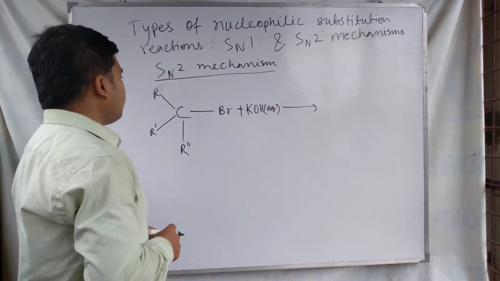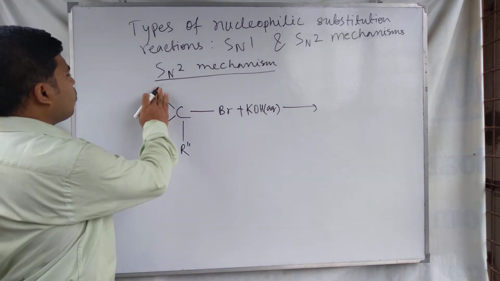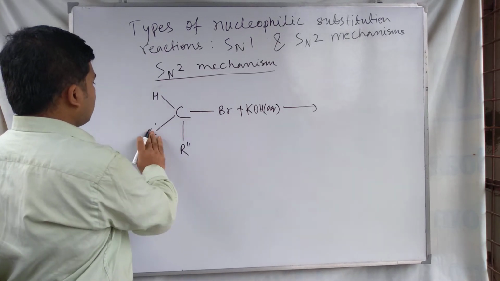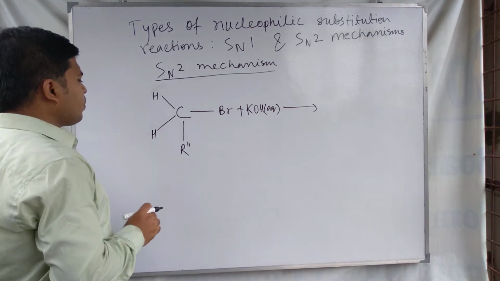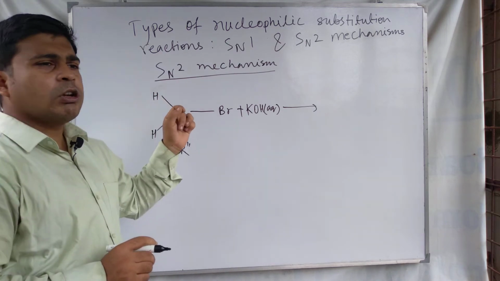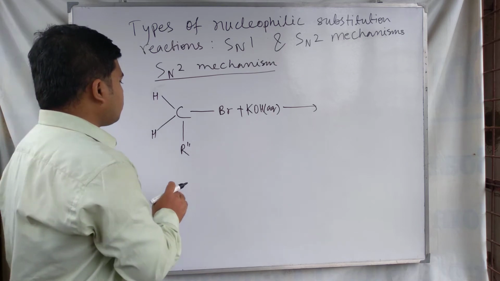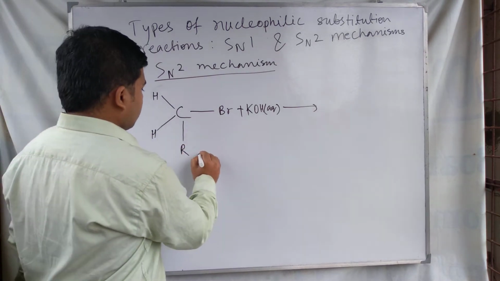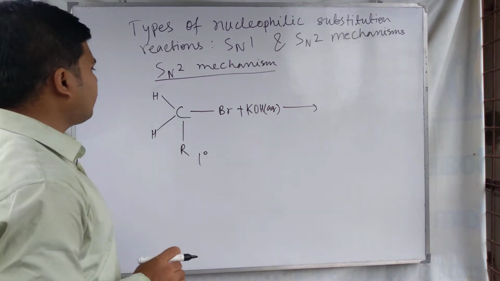In the case of the SN2 mechanism, we should write hydrogen and R dash, because in the SN2 mechanism this alkyl group should be a small alkyl group. Generally a primary alkyl halide can undergo this SN2 mechanism.